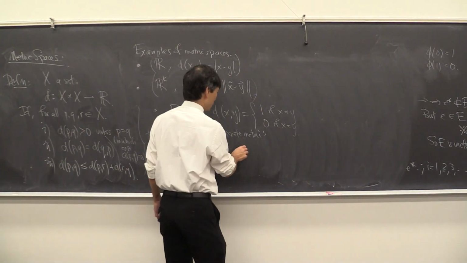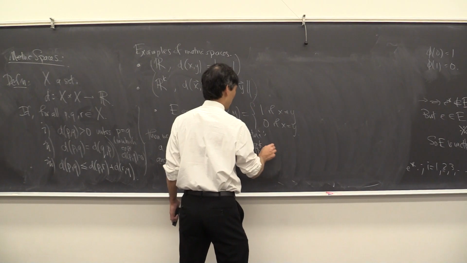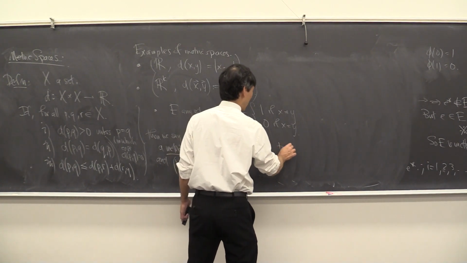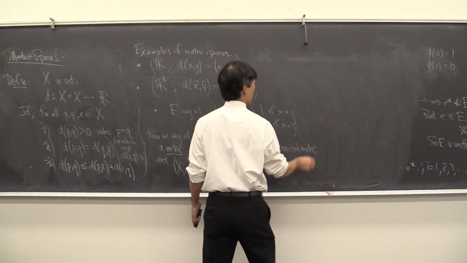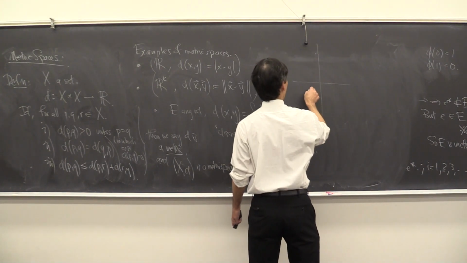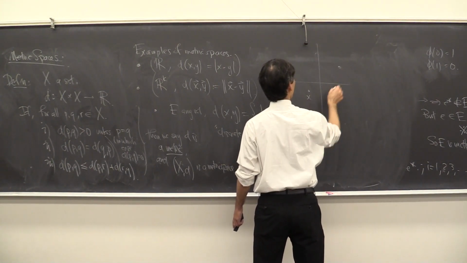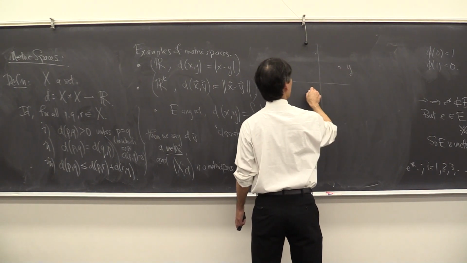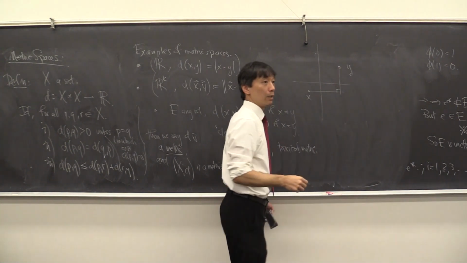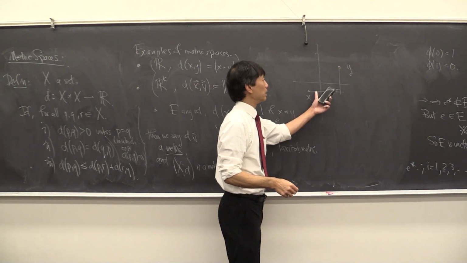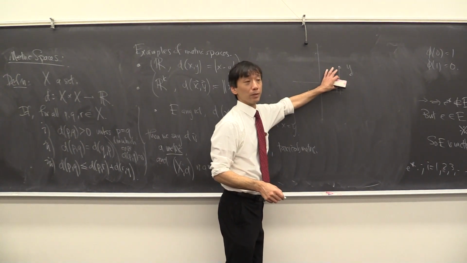Another standard example is to take R^k and put on what's called the taxicab metric. The taxicab metric goes like this. If you have x, y, then the distance is the sum of these lengths. You take this distance and add on this distance.